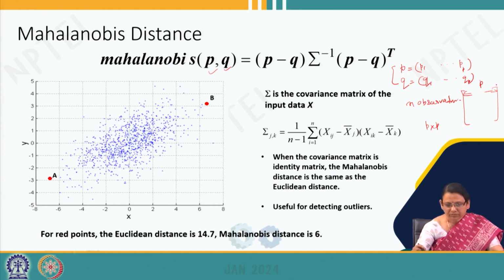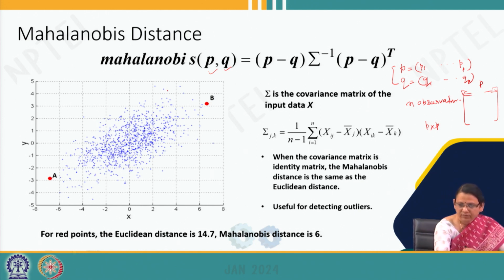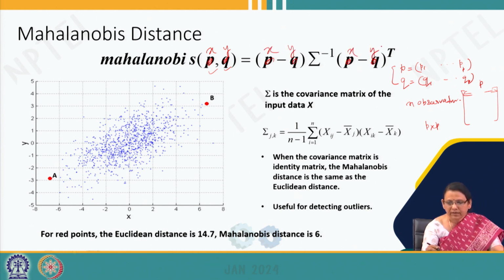Okay. So, now rather I will be changing this point to x and this point to y, and there are many such vectors x.